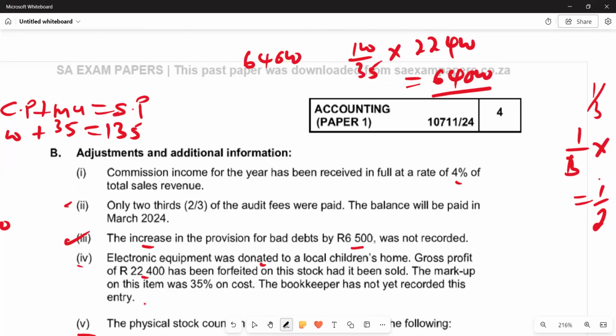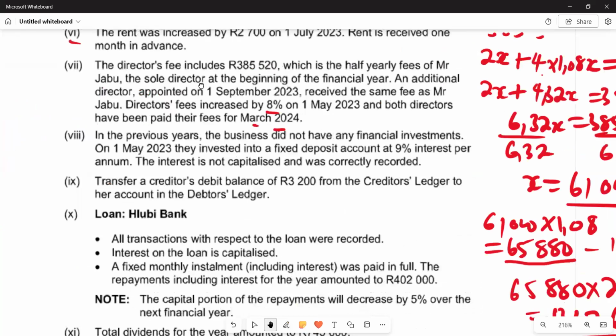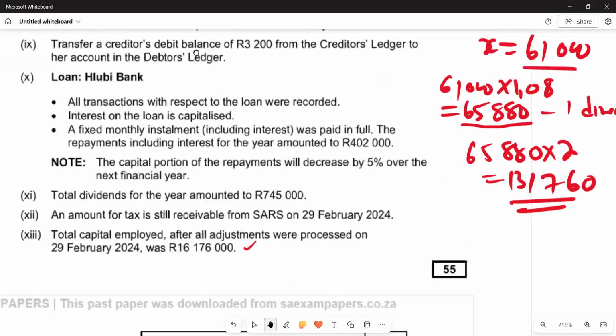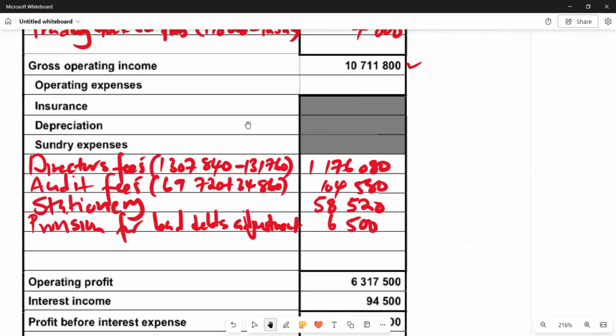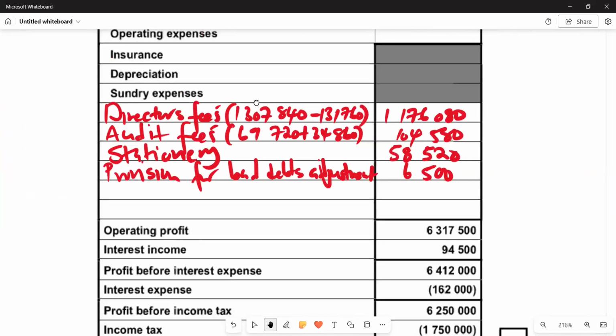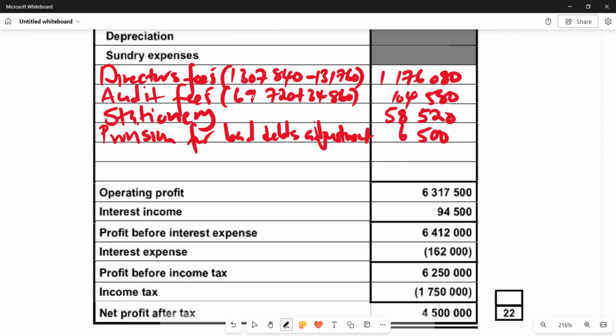So we are saying donations 64,000. So we go there and we say donations 64,000. So this is what we have.